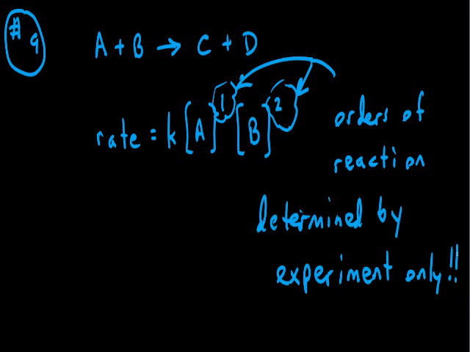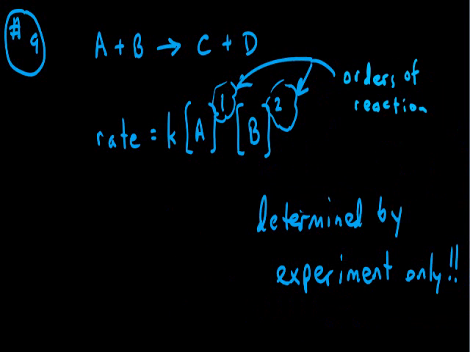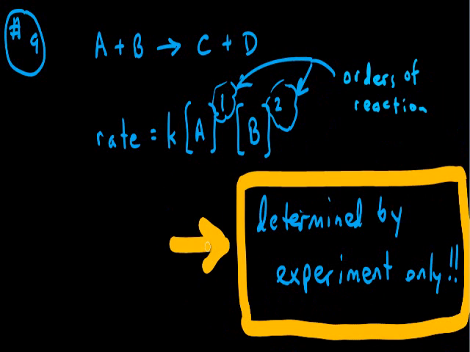Now this would be a key thing, once again, that the orders here that we have for a reaction are determined by collecting experimental data to see how that particular reactant will impact the rate of a reaction. The key thing again is that these orders of reaction are determined by experiment only.